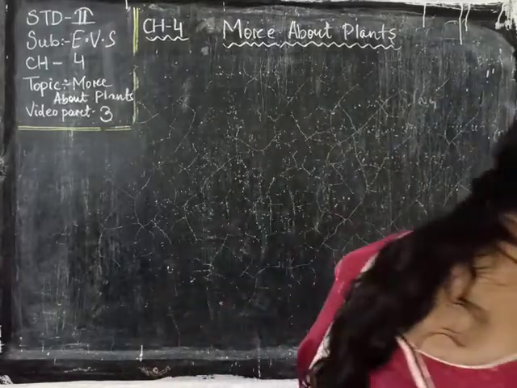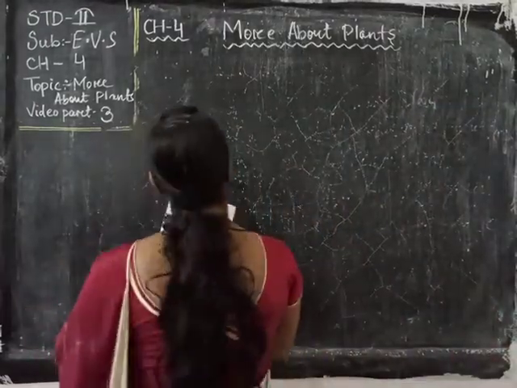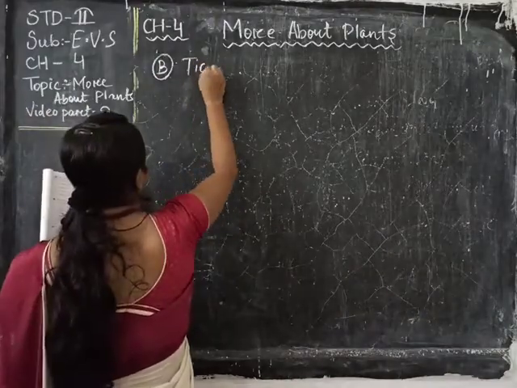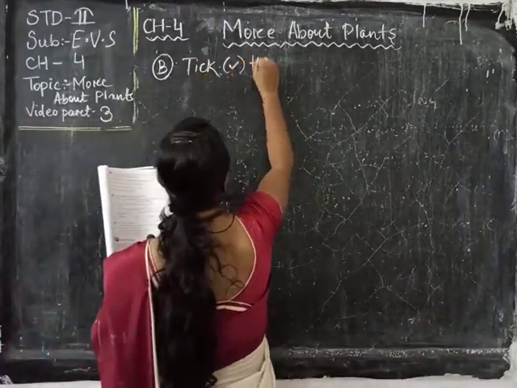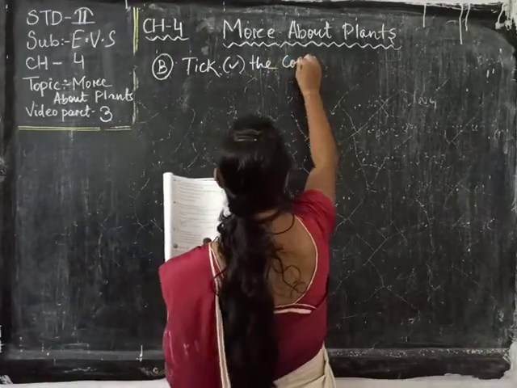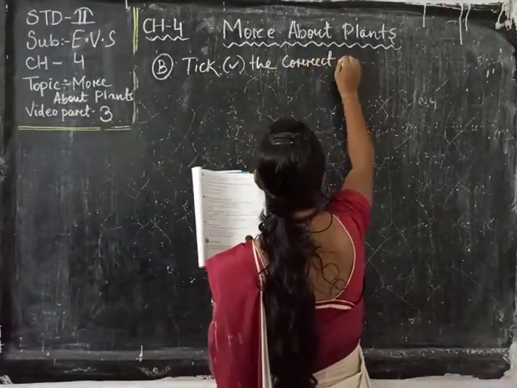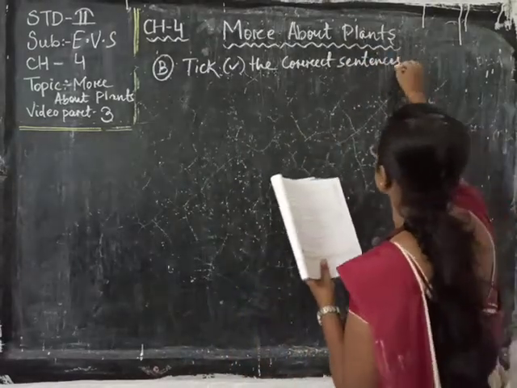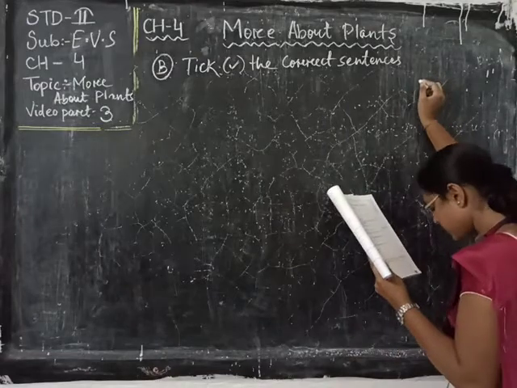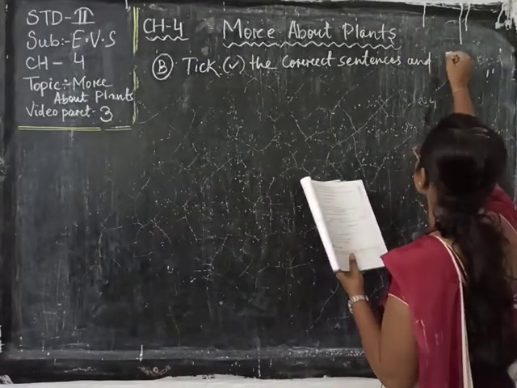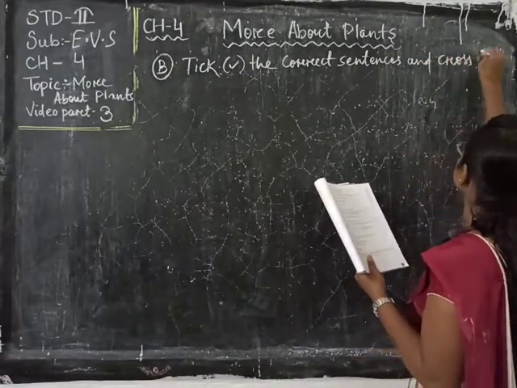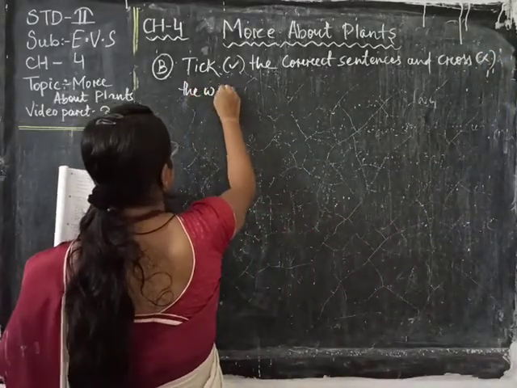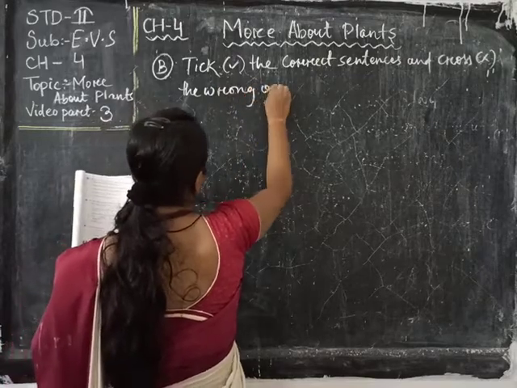Next question is number B. Tick the correct sentences and cross the wrong ones. So let me write these questions.